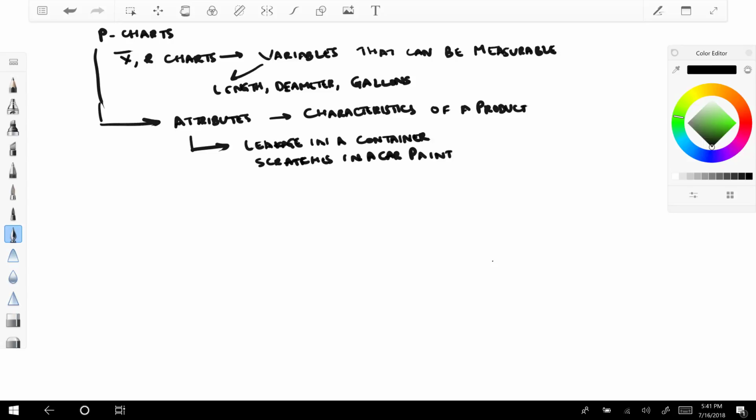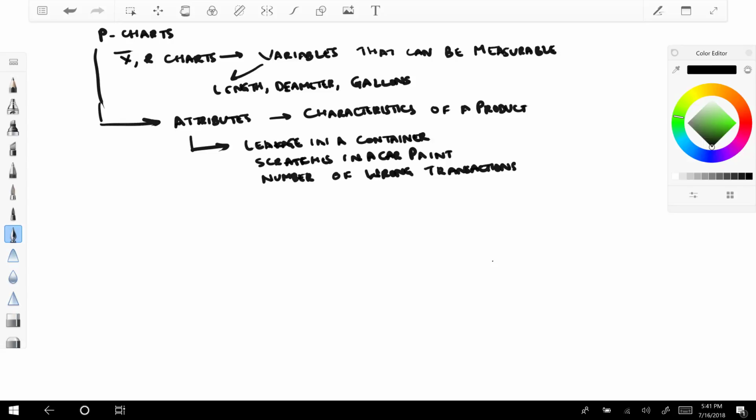Or we want to determine the number of defective transactions, or maybe wrong transactions. So these are some of the examples.